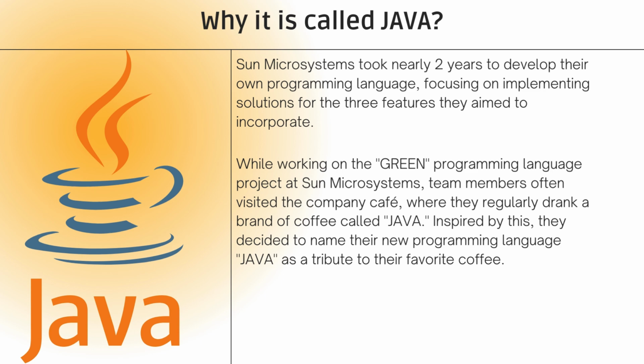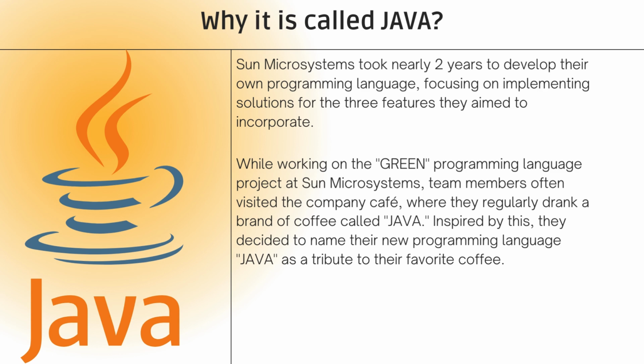James Gosling, who was the lead of the Green Project, sat in a cabin every day and always liked to look at a tree through his cabin window. The name of that tree was oak. So they decided to give that name to the new programming language.